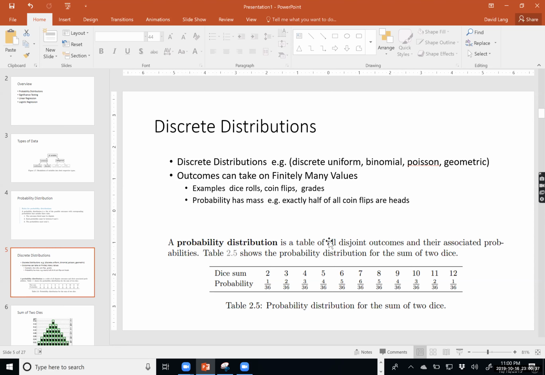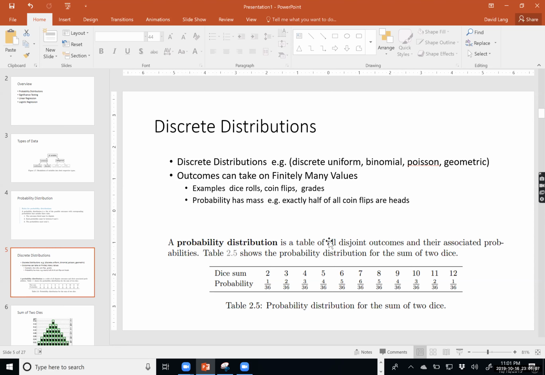And again, a discrete distribution is just one that has finitely many defined outcomes. So things like dice rolls or coin flips or even grades. And each potential outcome in the distribution has mass, meaning that there's an associated probability value.